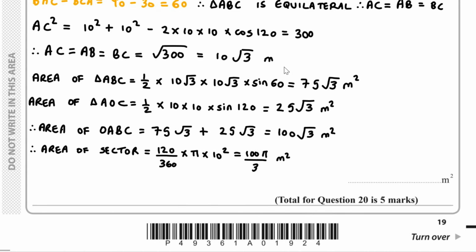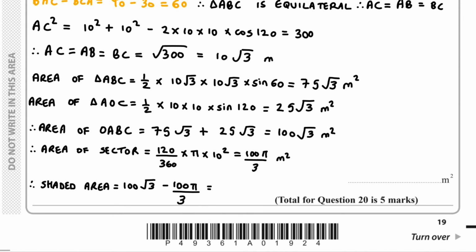So we need to find out the shaded area. So therefore for the shaded area, we've got 100 root 3 minus 100 pi over 3.